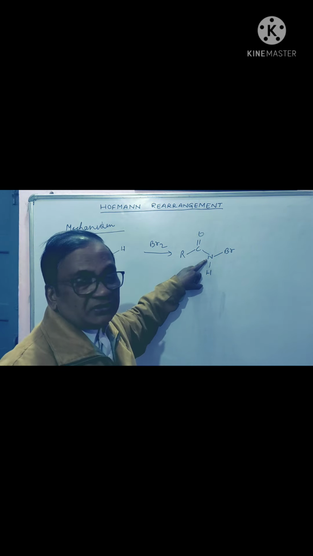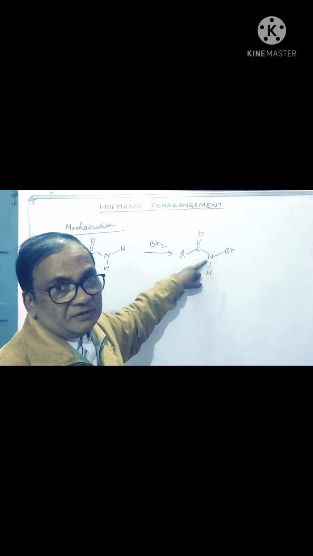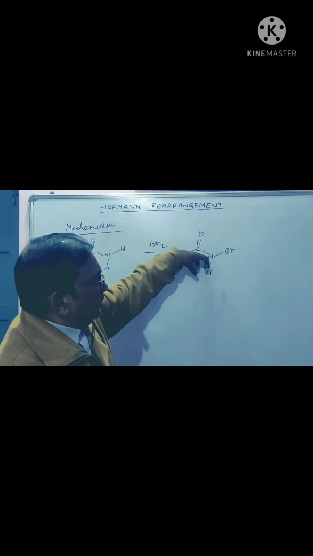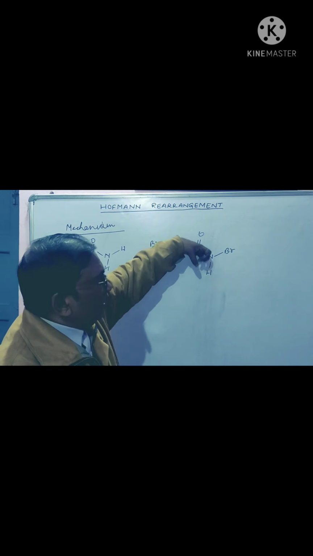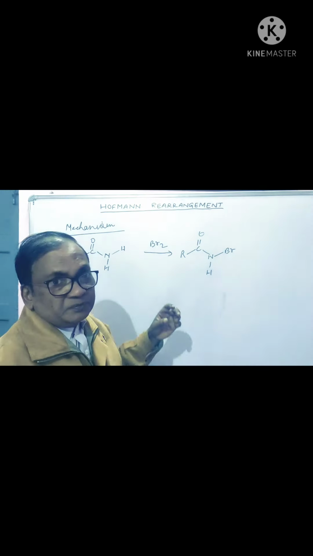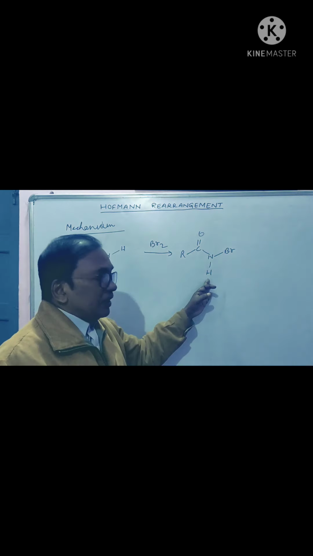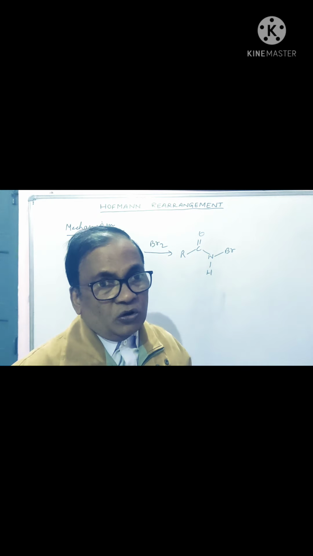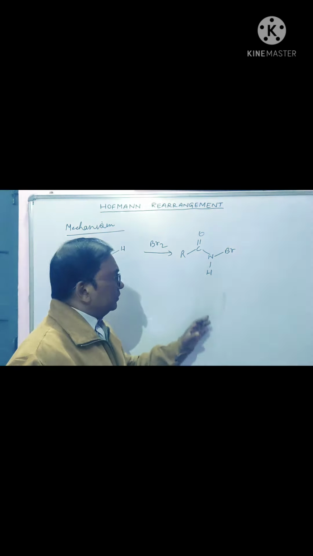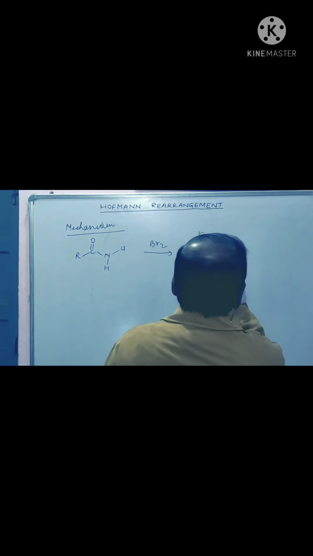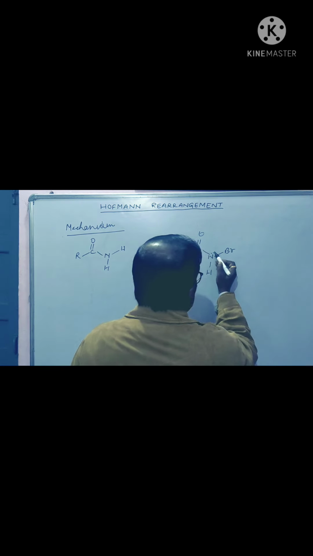So sufficient delta plus charge will be here on this nitrogen, and due to this electron of hydrogen will be attracted towards nitrogen, and so this hydrogen is released as proton. Means this hydrogen is acidic.